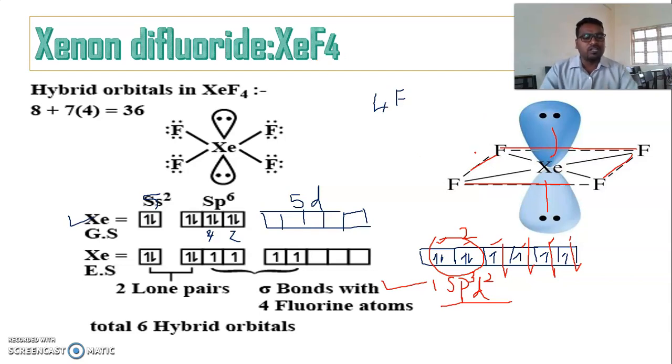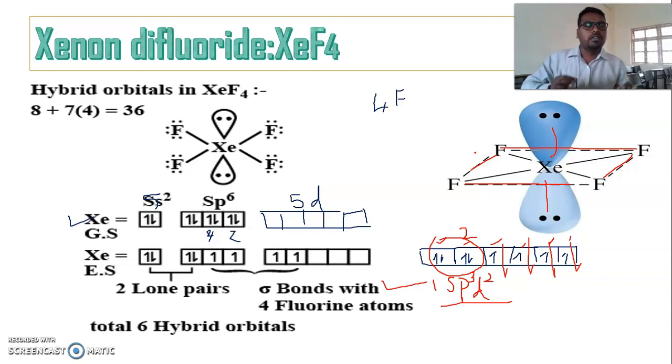Here is an exceptional case. In valence shell electron pair repulsion theory, we understood that if a covalent compound contains only sigma bonds, it exhibits a regular geometry. If a compound contains lone pair of electrons, the lone pair disturbs the geometry, so it attains an irregular geometry. But these are special cases.